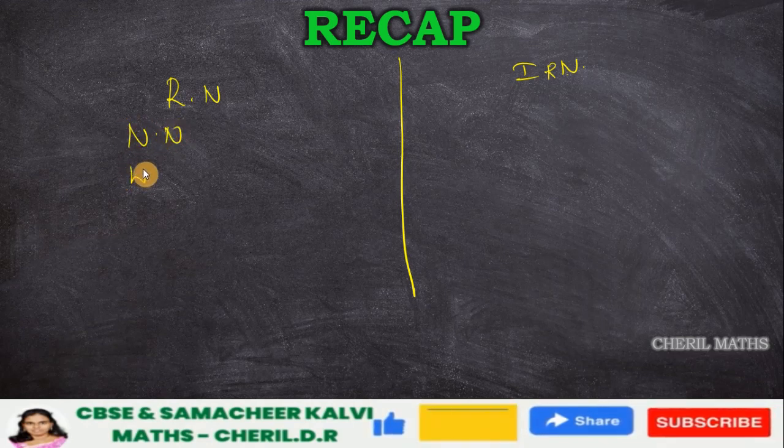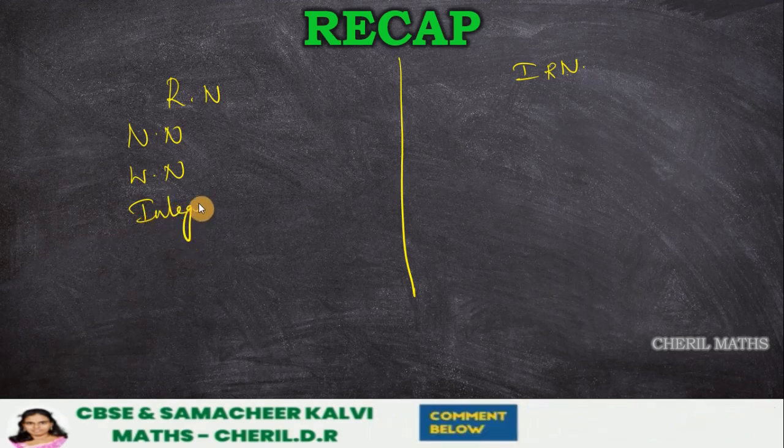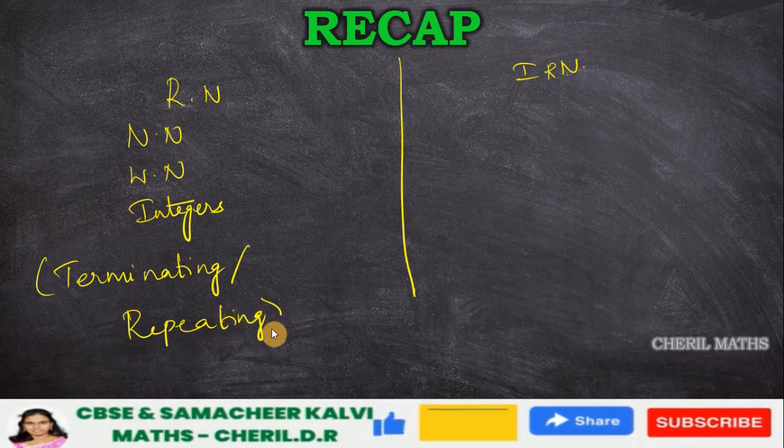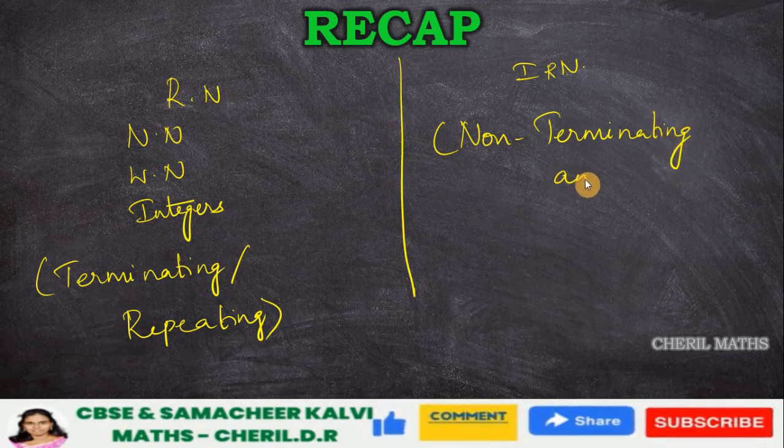Natural numbers, whole numbers, and then integers. And the other concept we saw is that they will be terminating or repeating decimals. But irrational numbers are going to be non-terminating and non-repeating.